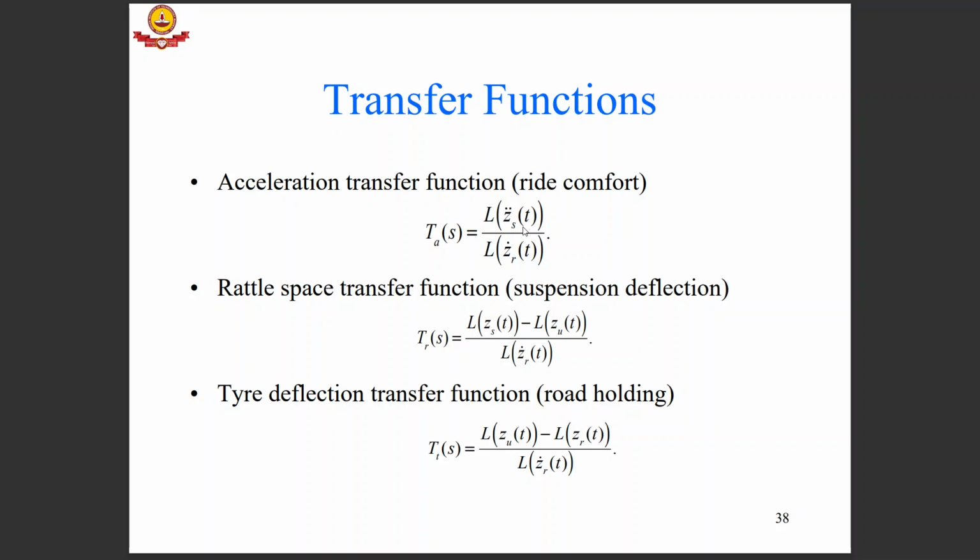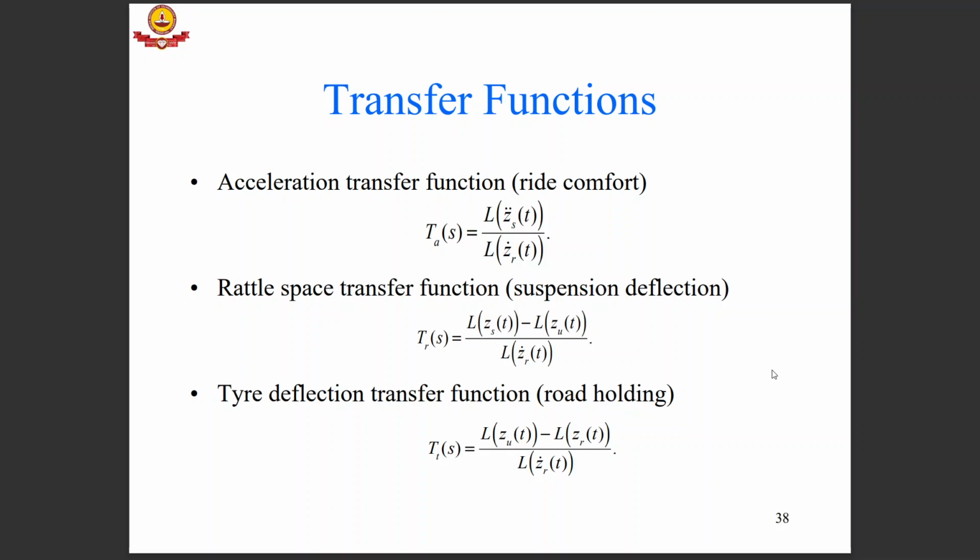Second is called the rattle space transfer function, which corresponds to the deflection of the suspension. Here the input is again the road, and the output is the difference between travel of sprung mass and unsprung mass. And finally, the tire deflection transfer function, which corresponds to road holding.